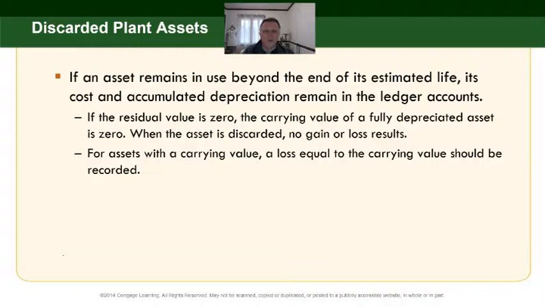So the longer you hang on to an asset, the longer it just lingers on your ledger account, and you have to account for it. If the residual value goes down to 0, the carrying value of a fully depreciated asset is 0. And then if it's discarded, it's discarded at no gain or loss. But for assets with a carrying value, a loss equal to the carrying value should be recorded.